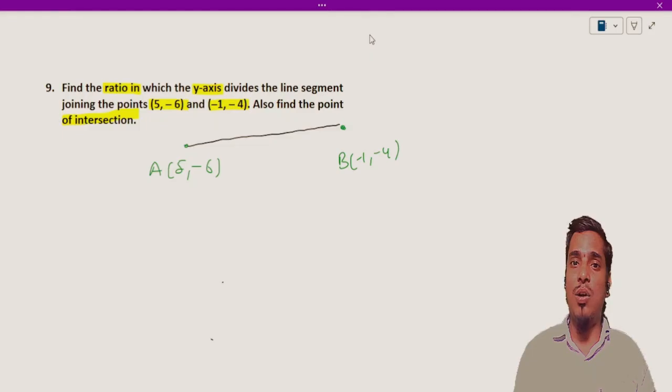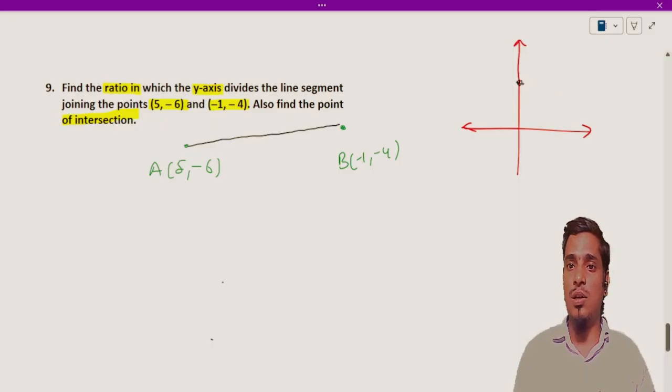As we know, the coordinate of any point on the y-axis is of the form (0, y). Let's say the point which divides AB in some ratio m:n is P, with coordinates (0, y).